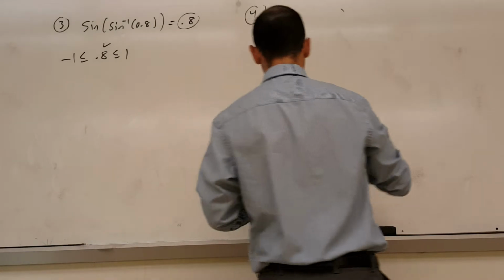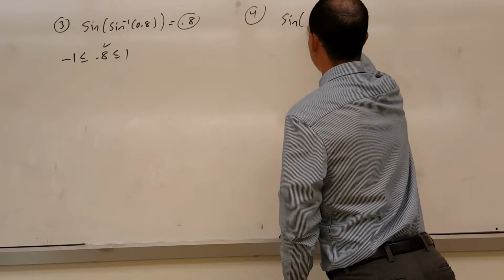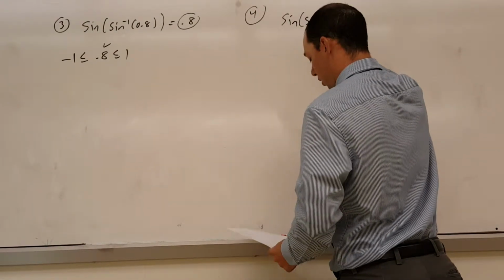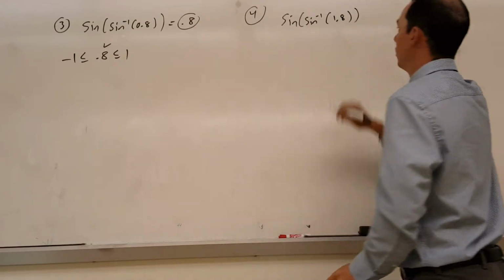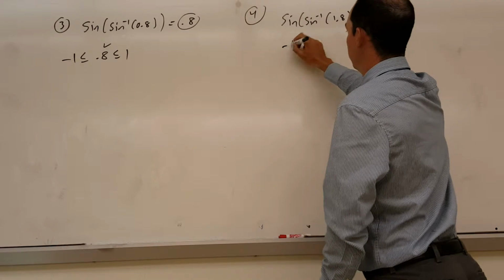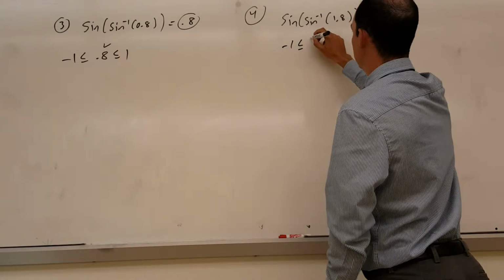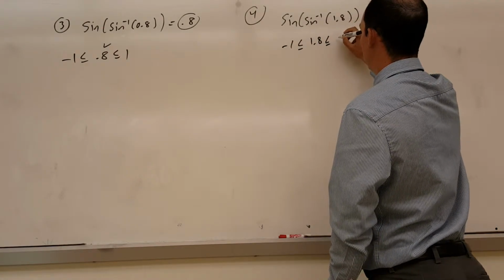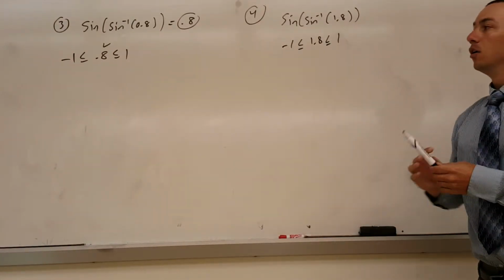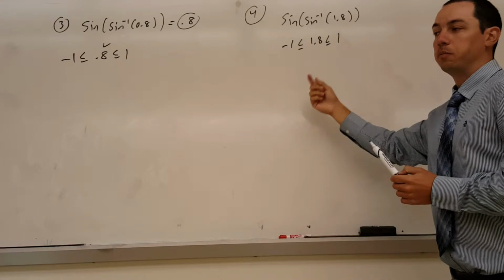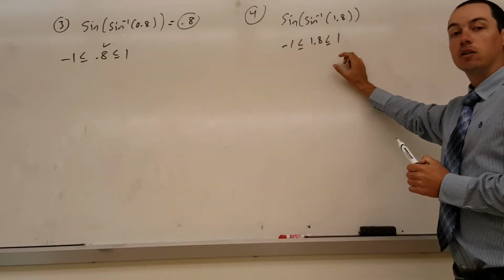Next one. Take the sine of the inverse sine of 1.8. And check. Negative 1 is less than or equal to 1.8, yes, but 1.8 is bigger than 1. It's not in the domain. For the example we did before, we could find another angle that worked.